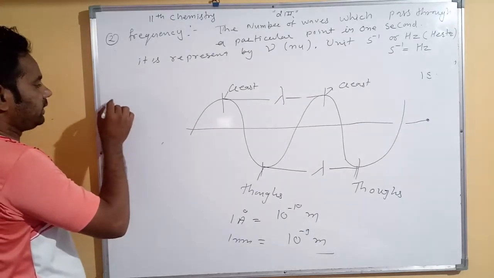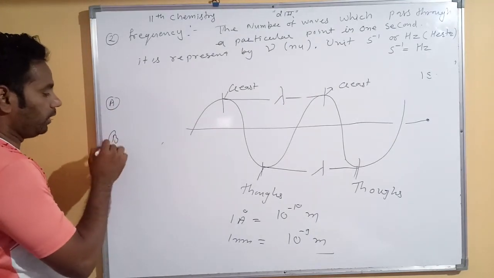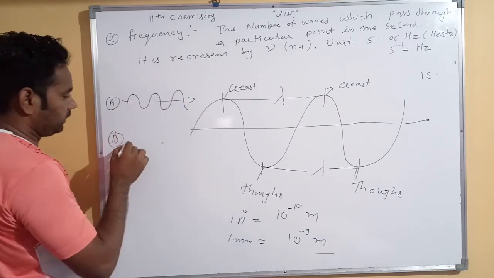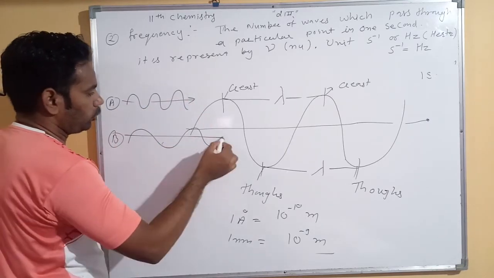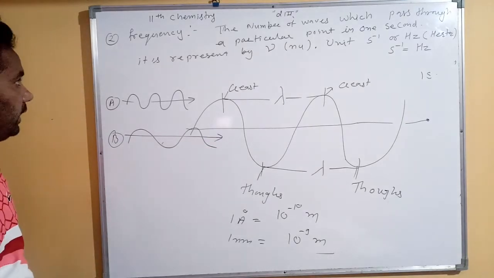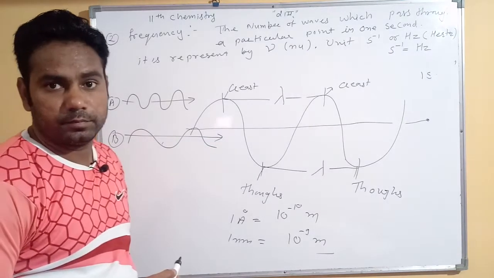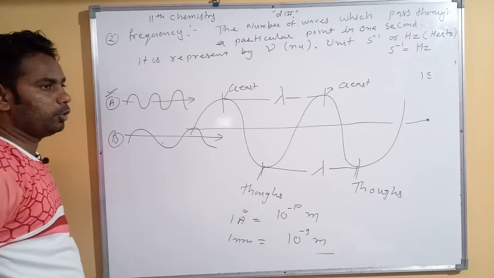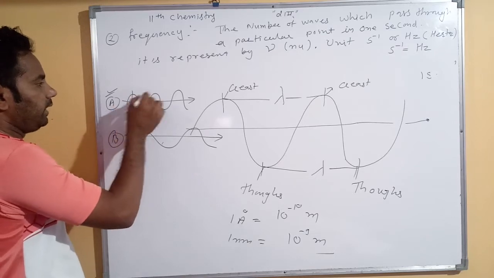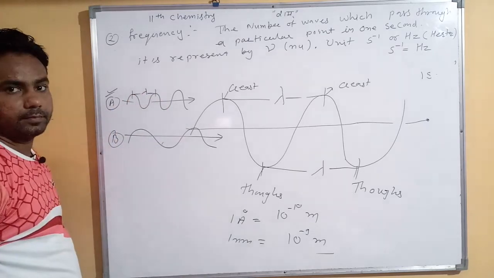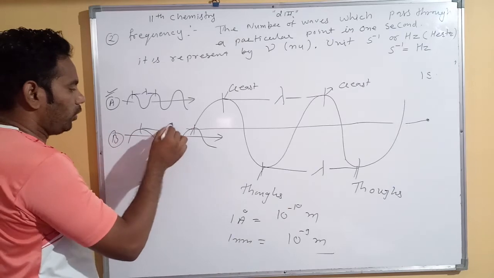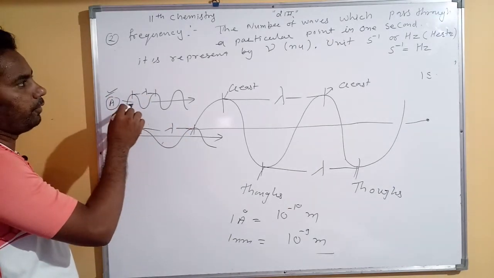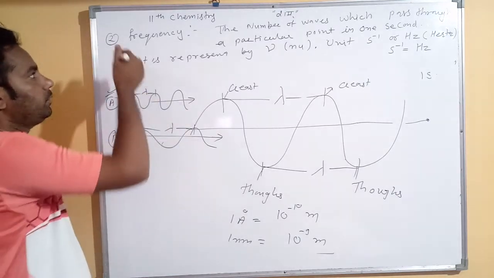Okay, now I understand. Suppose I have two different types of wavelength. First is this, okay, second is this. So which wavelength have more frequency? Okay, right answer is A, because you know here the wavelength is less, and here wavelength is more comparison to here. So the less wavelength has maximum frequency.